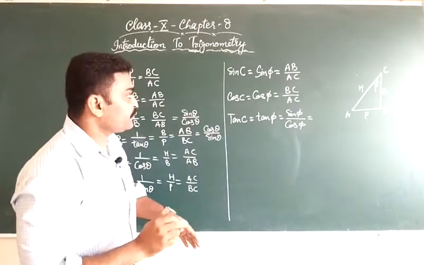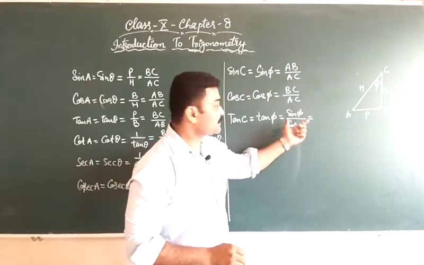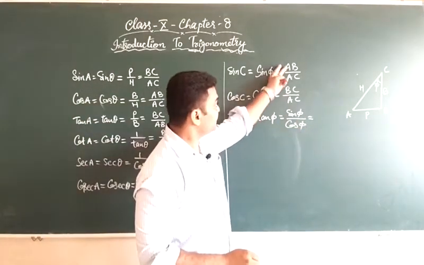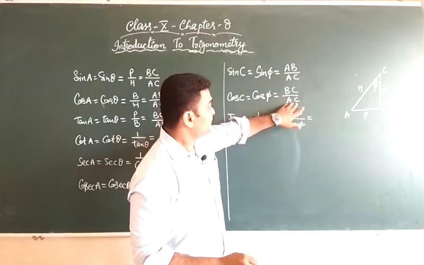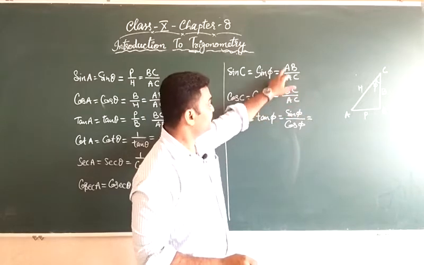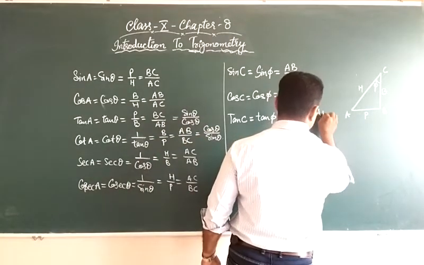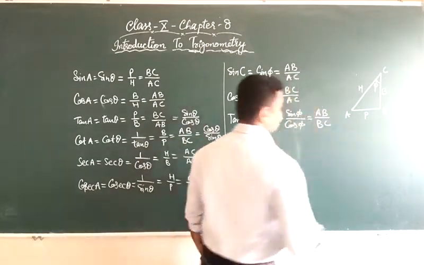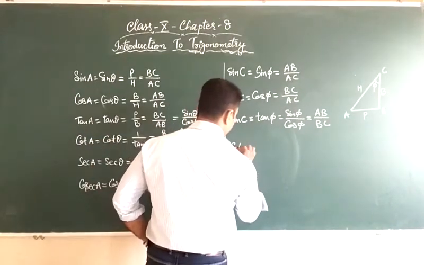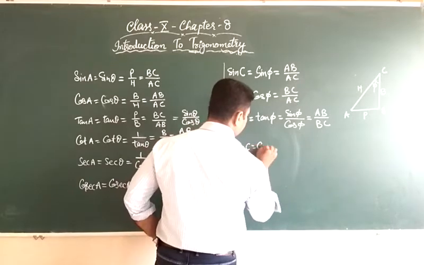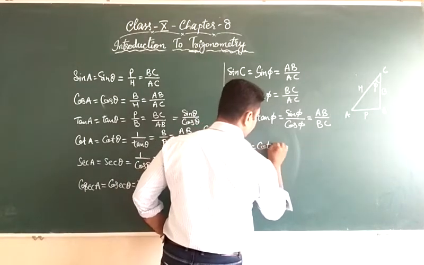If we divide sin phi by cos phi, that is AB upon AC divided by BC upon AC, AC and AC will be cancelled and we get AB upon BC. Clear?